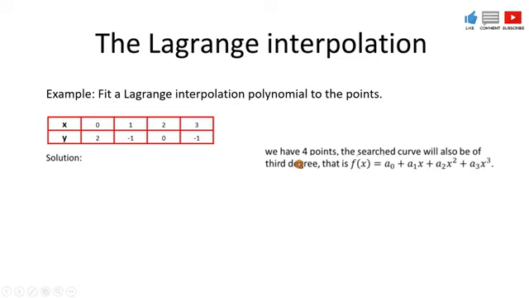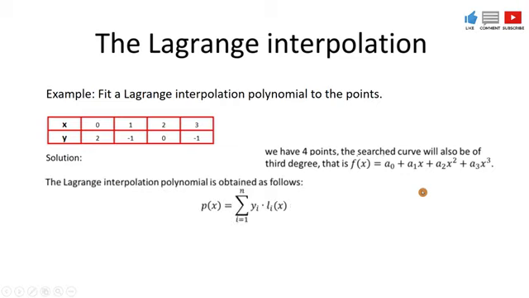We have 4 points, so the function will be of third degree, or the maximum power will be 3, because the maximum power equals 4 minus 1. That is the rule for the Lagrange polynomial function, which equals the summation i from 1 to n of yi multiplied by Li of x.